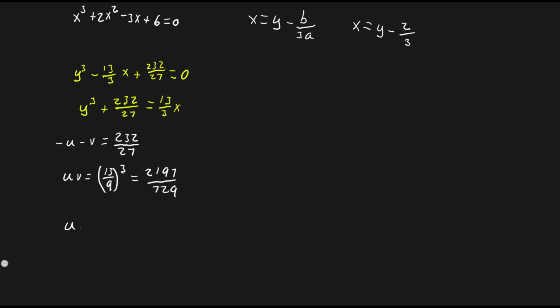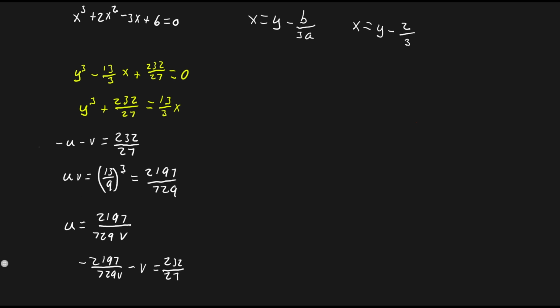So we have u is equal to 2,197 divided by 729 v. We're just going to plug in u again in our first equation to get negative 2,197 divided by 729v minus v is equal to 232 divided by 27.